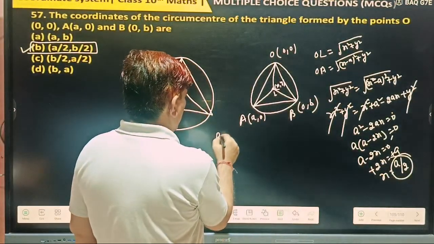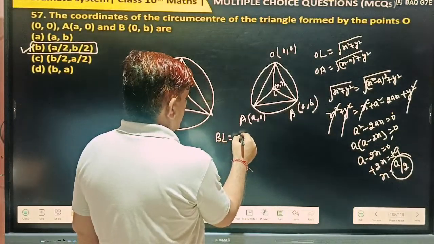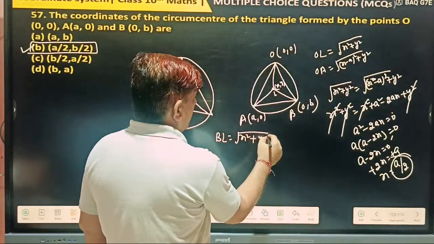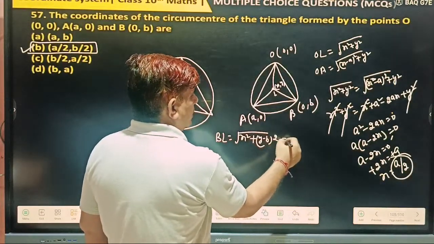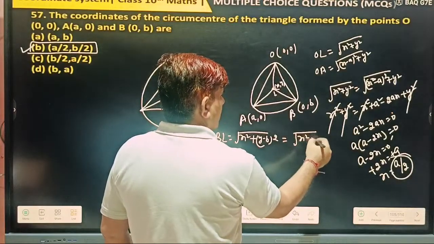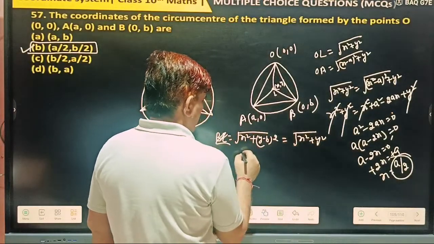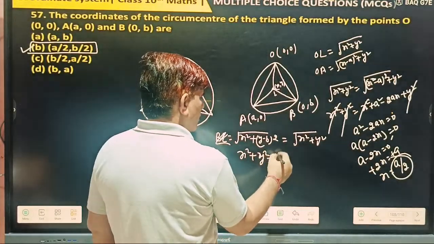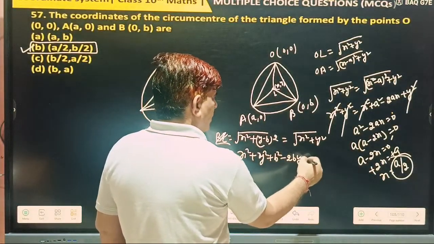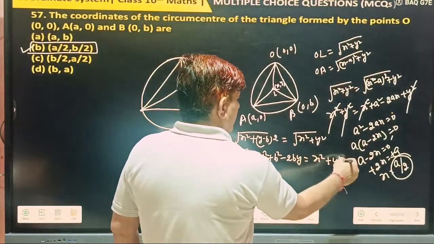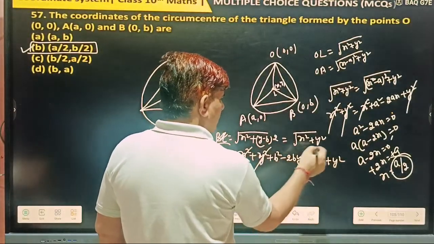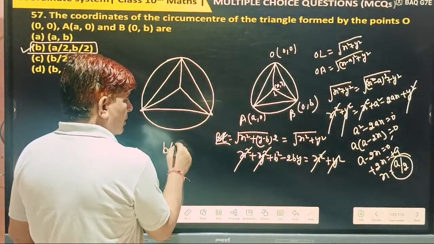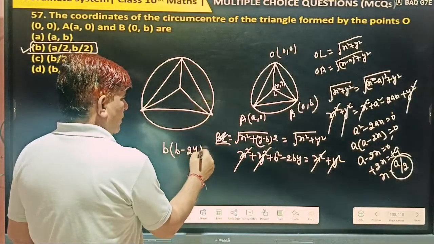So BL equal to under the root X square plus Y minus B whole square, and this is equal to X square plus Y square. Squaring: X square, Y square, B square, minus 2BY, and X square plus Y square, this cancels, this cancels. So take B common: B times B minus 2Y equal to 0.